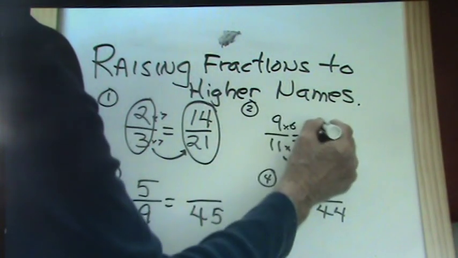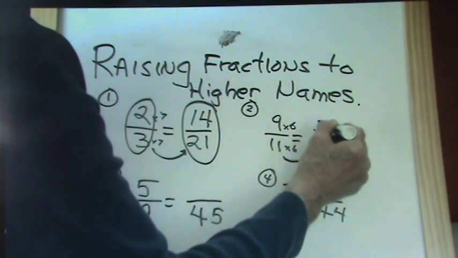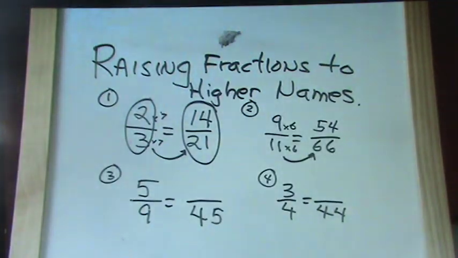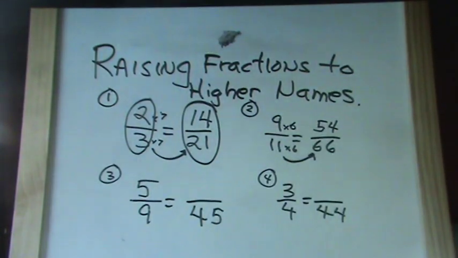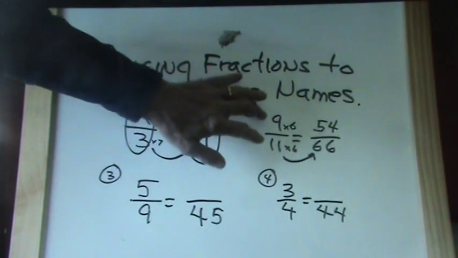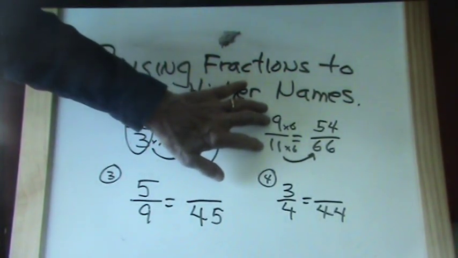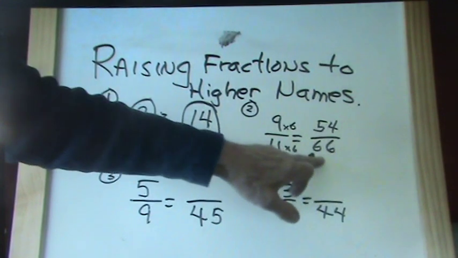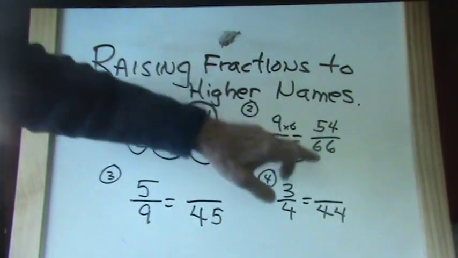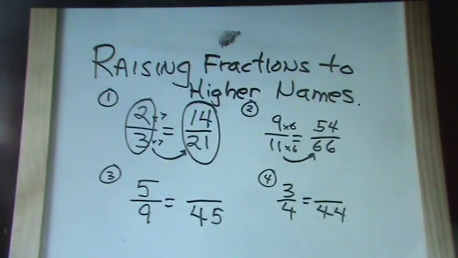Then 9 times 6 is 54. Because it's very important that you know your multiplication tables for working with any kind of mathematics. It's just critical. You have to know them. So 9/11, if I change it to a fraction whose denominator is 66, is 54 66ths.